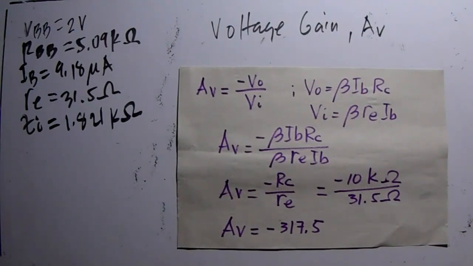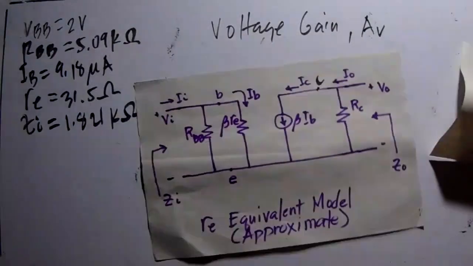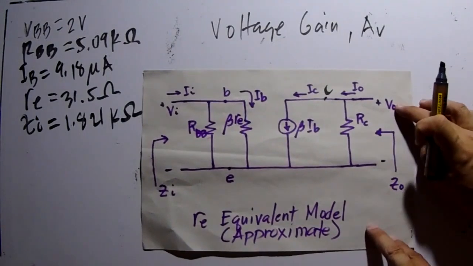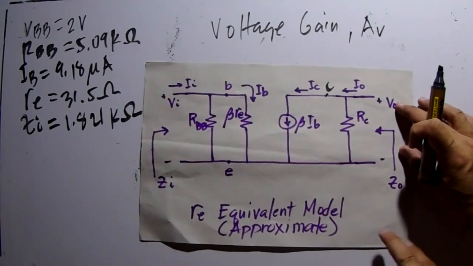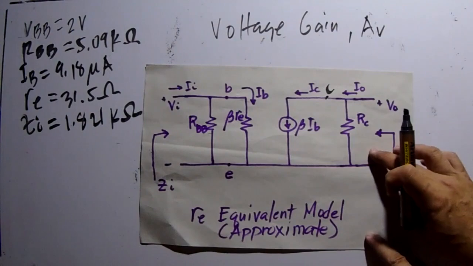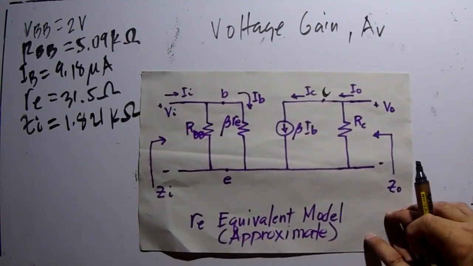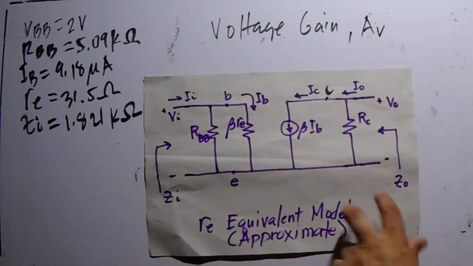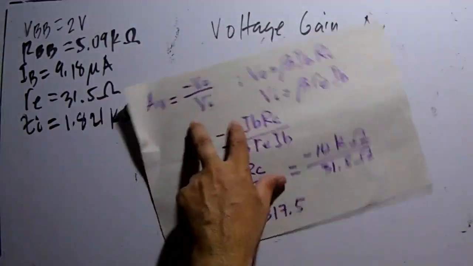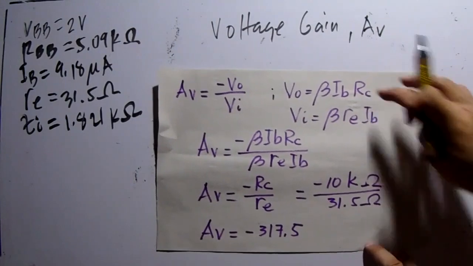And if we consider this circuit, VO is the product of IO multiplied by RC, since IO is the same as beta IB. So VO is simply beta IB multiplied by RC.